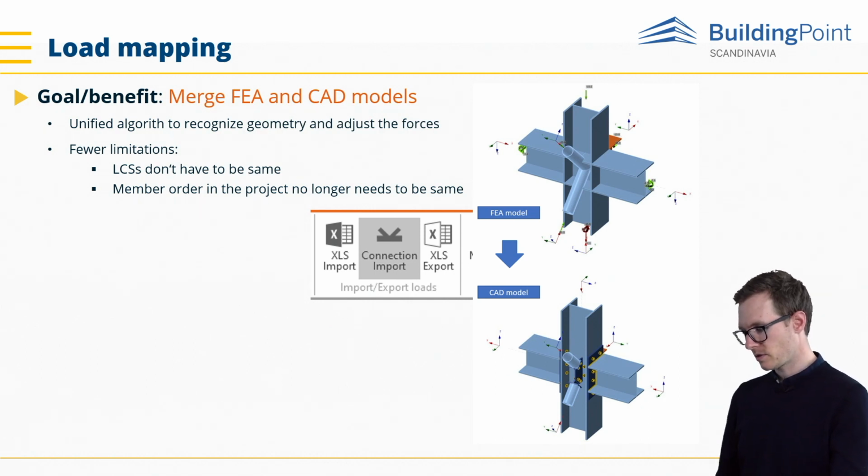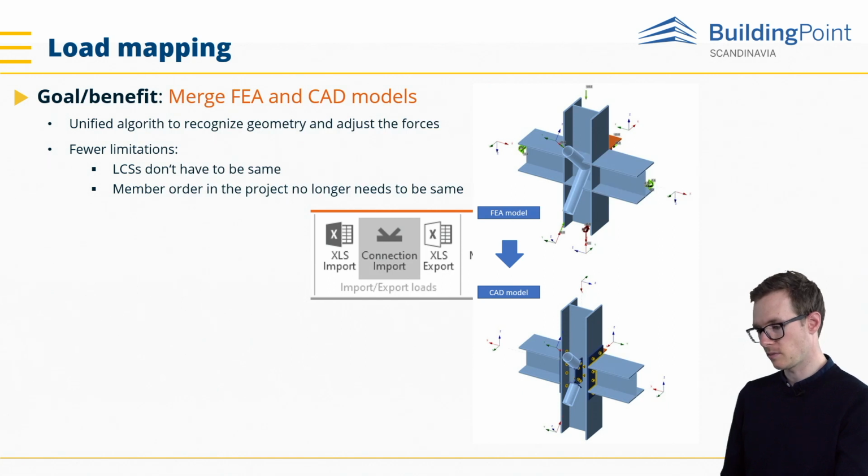Local coordinate systems do not have to be the same when you export, and member order in the project no longer needs to be the same. So that makes it much smoother, with better communication between FEA and CAD models.